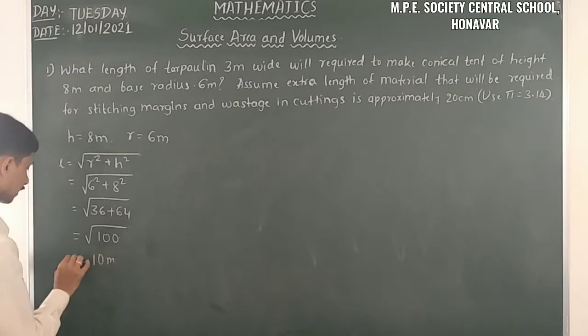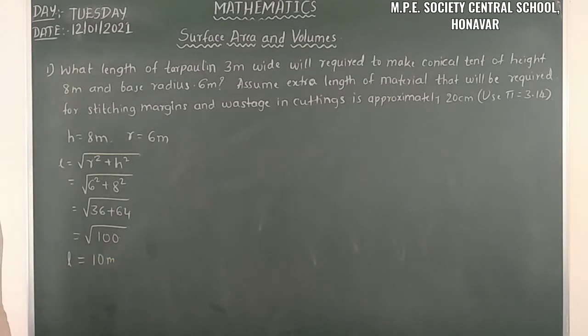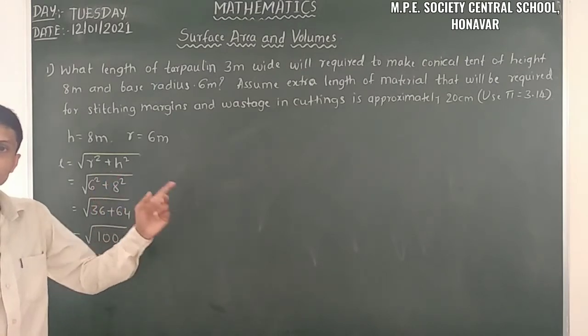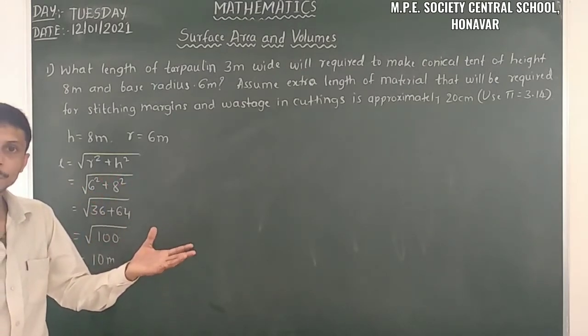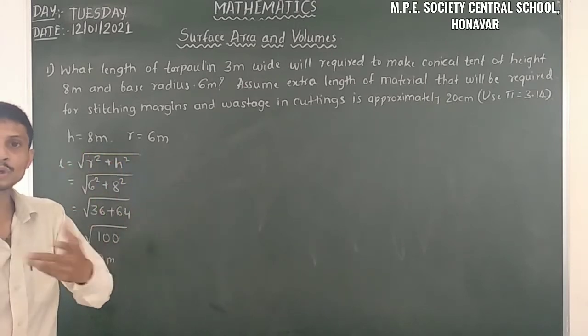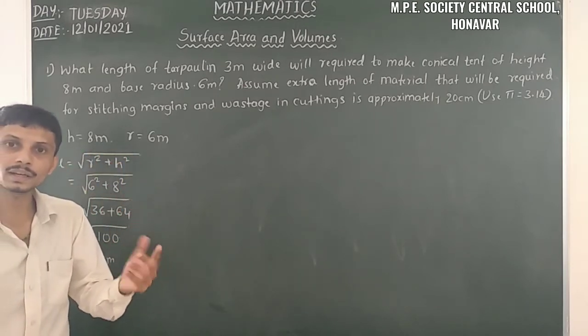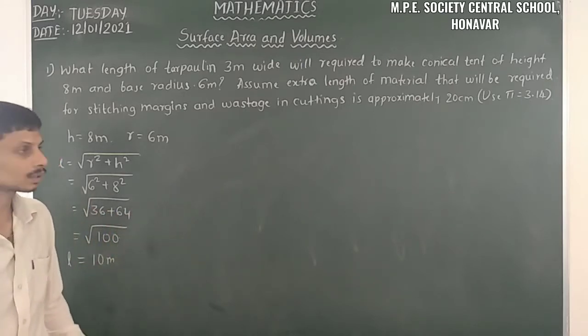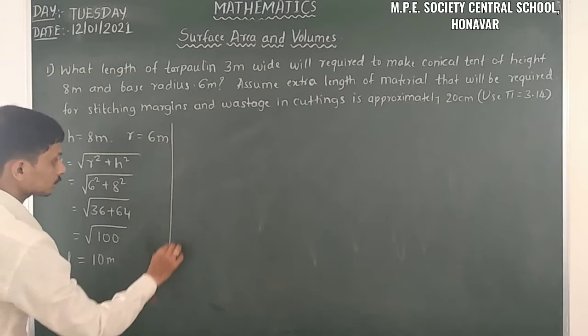So the value of L is 10 meter. We already know that the conical tent is cone shaped and tarpaulin is used to make the conical tent only on the curved surface area. So that's why we have to find the curved surface area here.